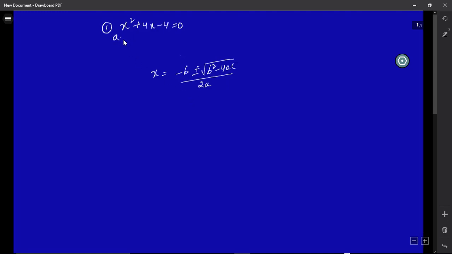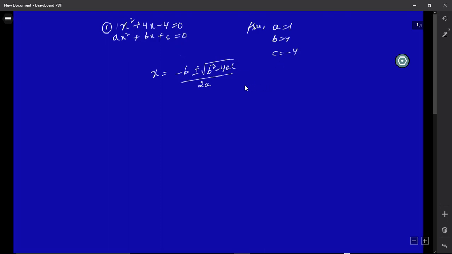We have to compare the given equation with the general form of a quadratic equation, ax square plus bx plus c is equal to 0. Here the value of a is 1, the value of b is 4, and the value of c is minus 4.